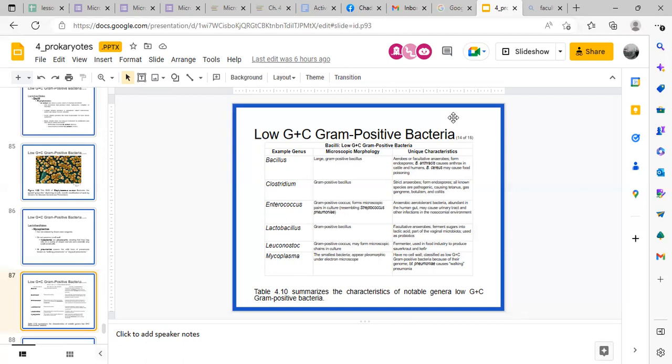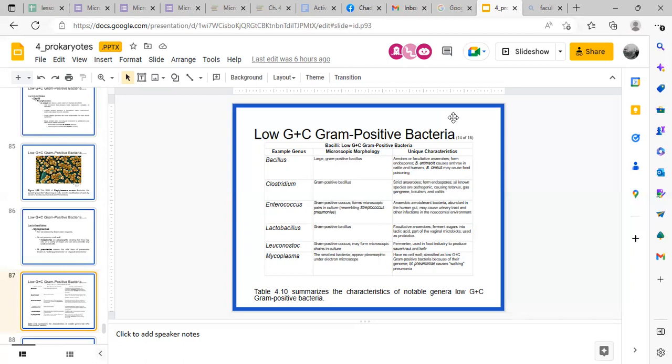The Lactobacillus you find in yogurt, you find in Yakult, the Shirota strain, especially helps in the digestive system and they're a very vital organism in our digestive system. Leuconostoc is a fermenter used in the food industry to produce sauerkraut and pepper.